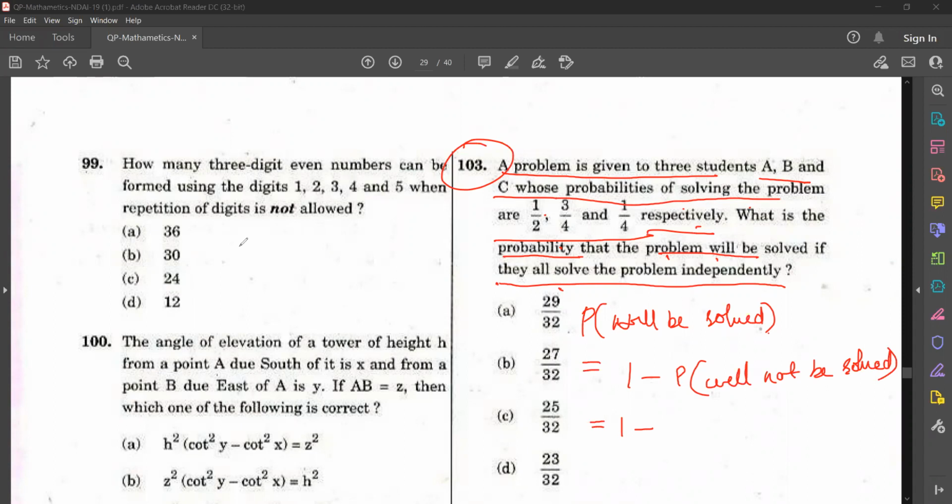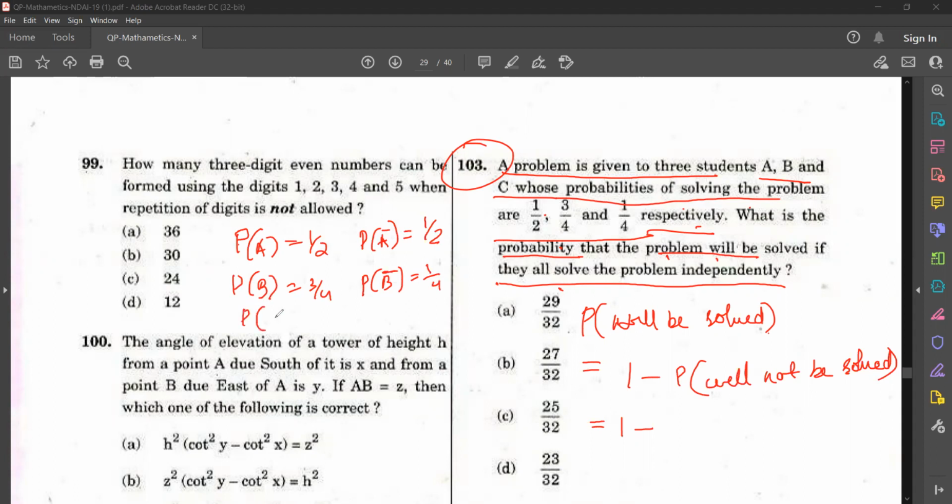The probability that A will solve the problem is 1 by 2, so P of A bar, that A will not solve, is also 1 by 2. Probability of B solving is 3 by 4, so the probability that B will not solve is 1 by 4.